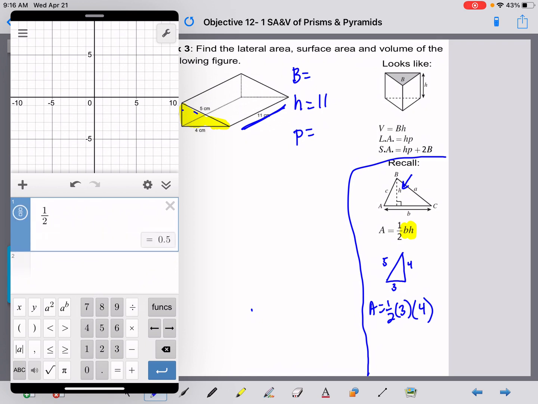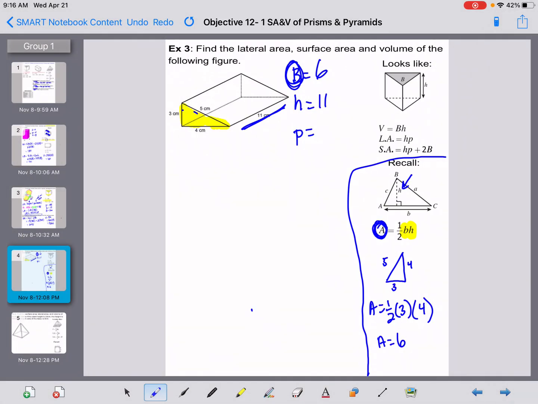That's what's going to happen. So write all of these things down. And when I plug this in, my area is 6. What you have to remember is that this big A is the same thing as this big B. All right, it's 6. So now that I've found the area of the triangle, which is the area of the base, that's a 6. My height is 11. Now I've got to find the perimeter.